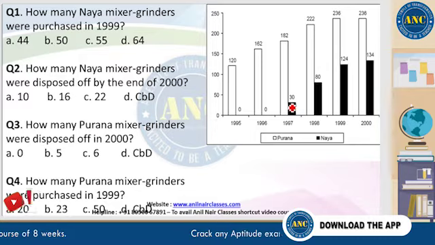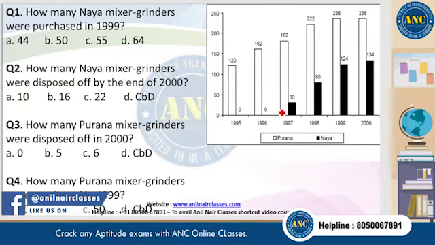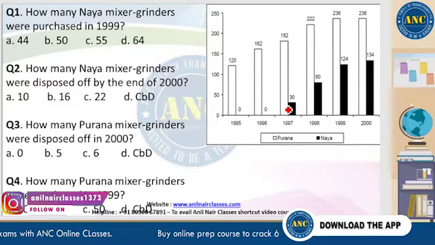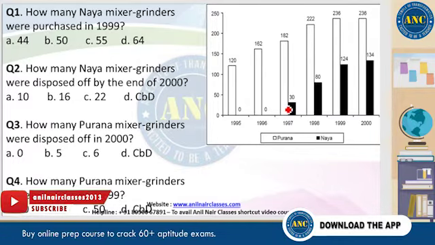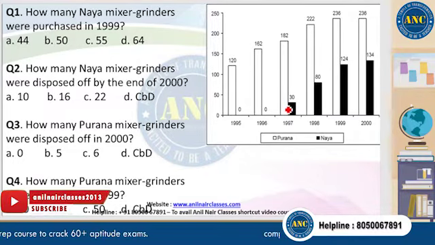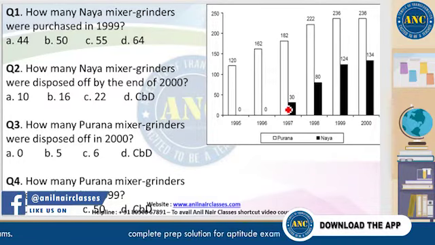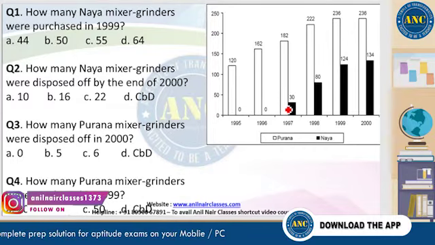So how do we map it? 10 were disposed in the year 97. So what are we talking about?